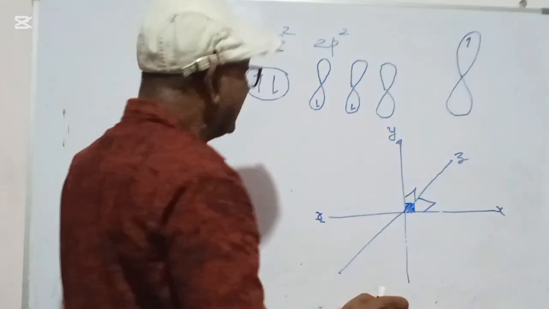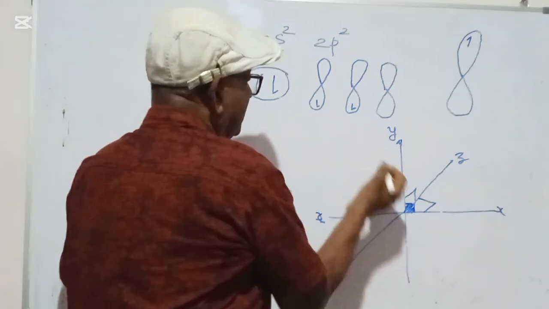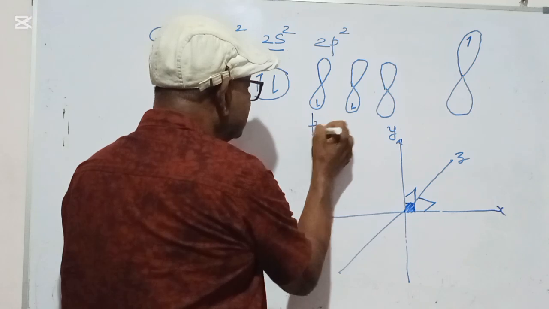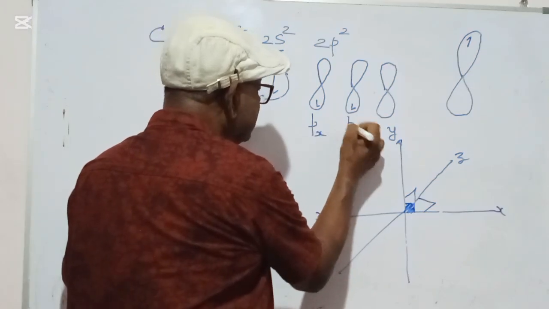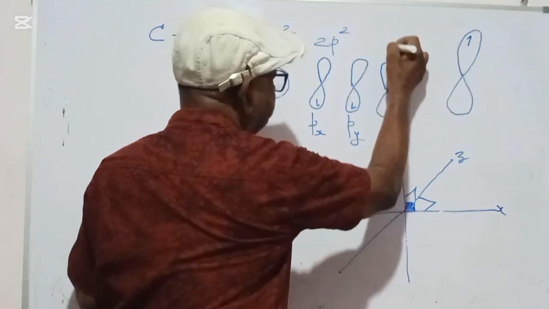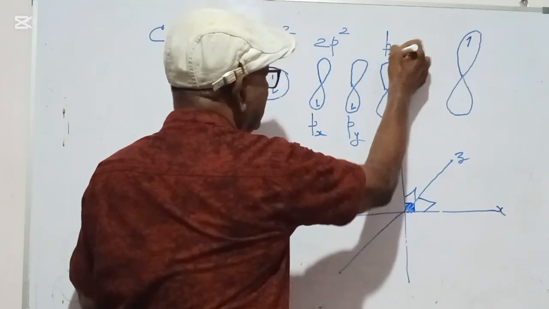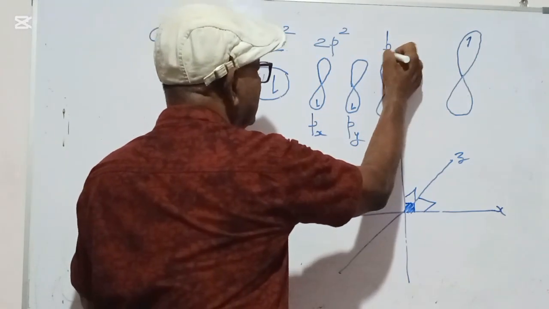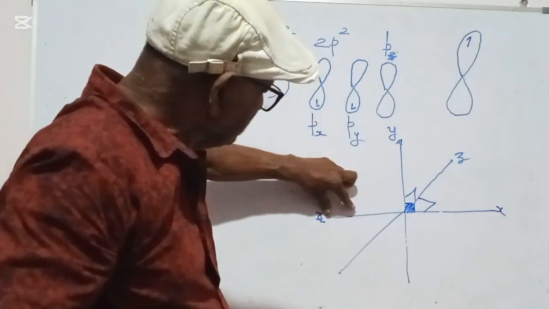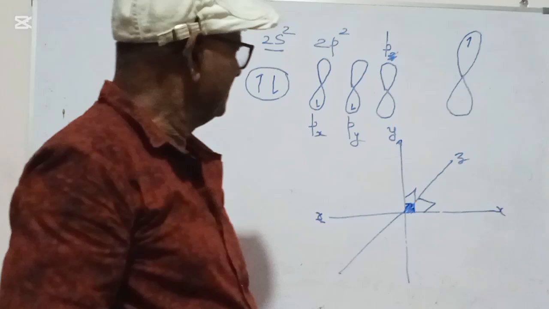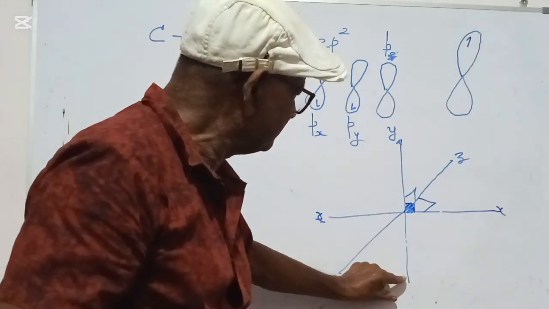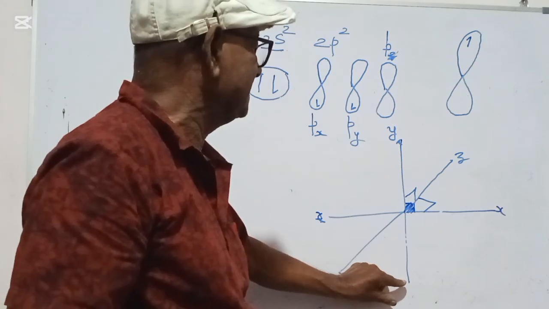Then you know that we can name these three orbitals px, py, pz. This is pz. Why? This orbital lies along the x axis. This orbital lies along the y axis.